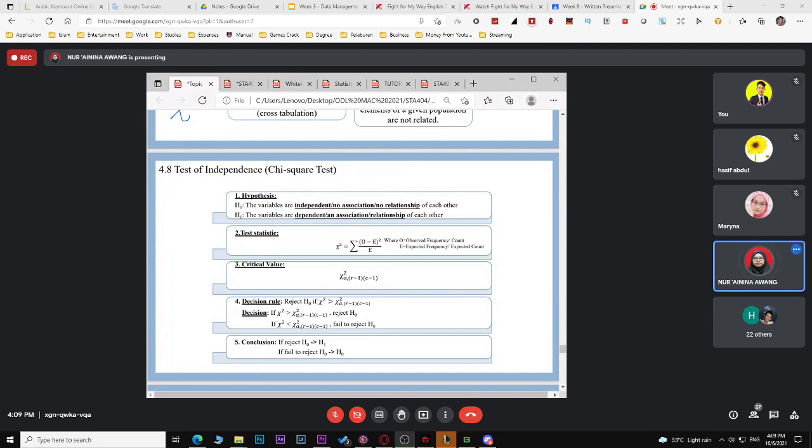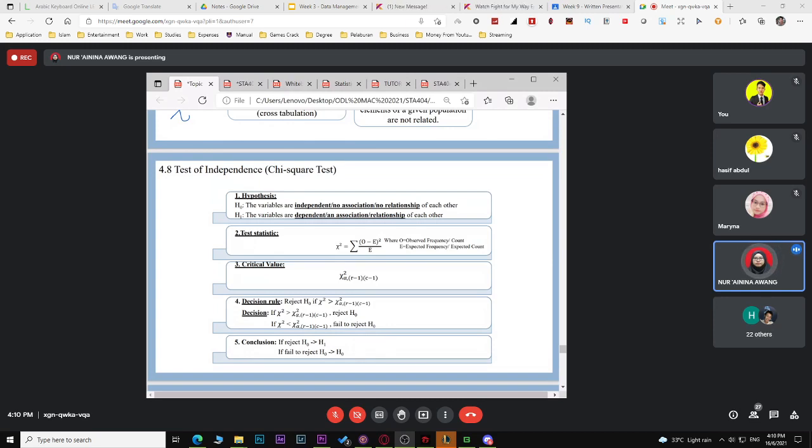The null hypothesis is always no relationship. Your alternative hypothesis is the opposite of your null hypothesis. For example, if the question asks whether the two variables are independent of each other, your null hypothesis should be independent and your alternative hypothesis should be dependent.